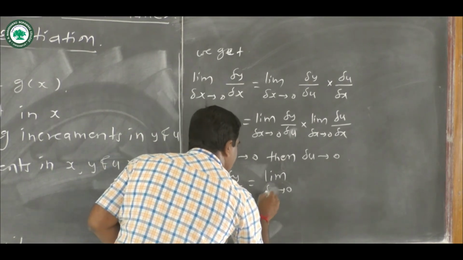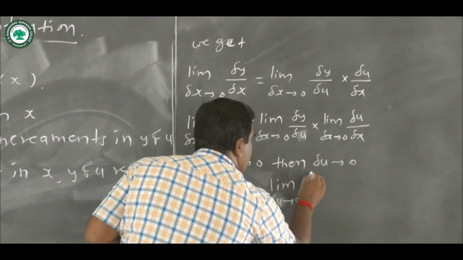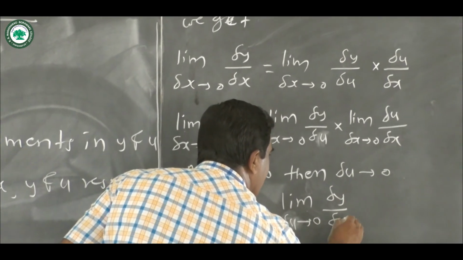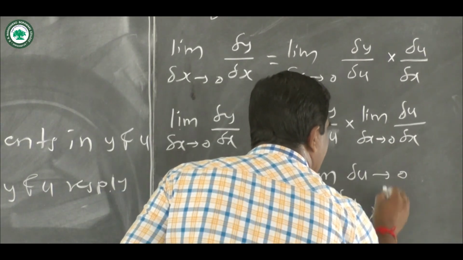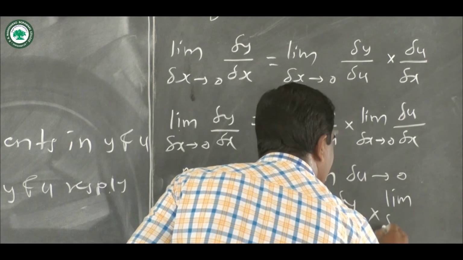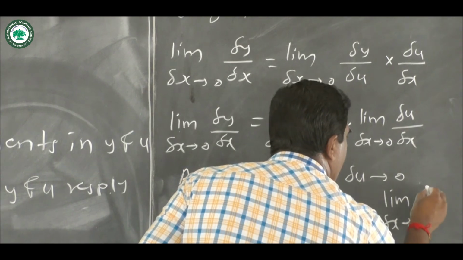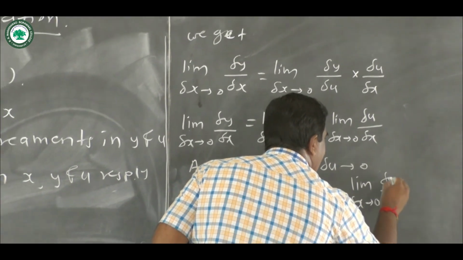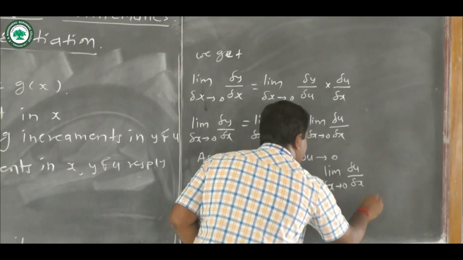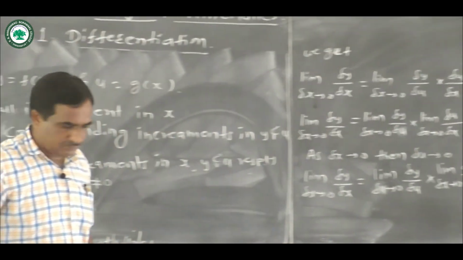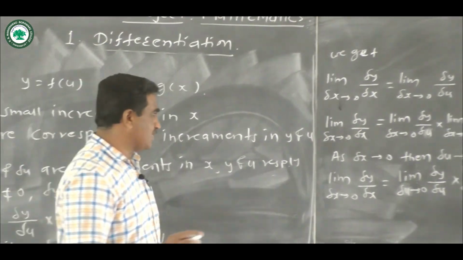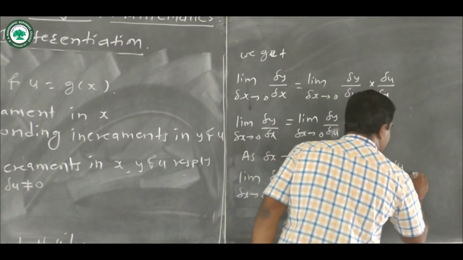Delta u tends to 0, delta y upon delta u into, here keep delta x as it is, limit delta x tends to 0, delta u by delta x. Okay, now call this equation number first.